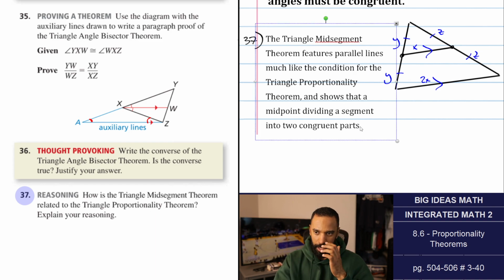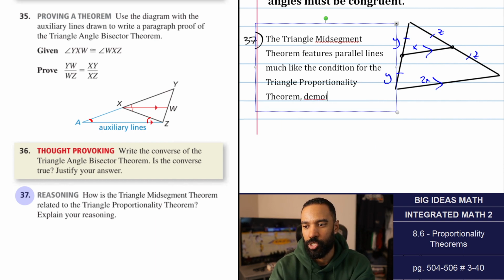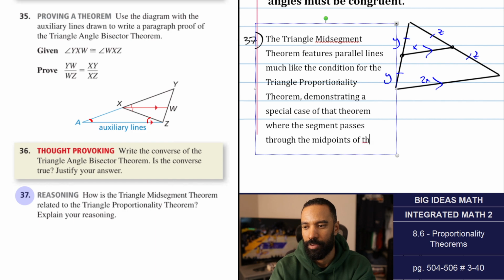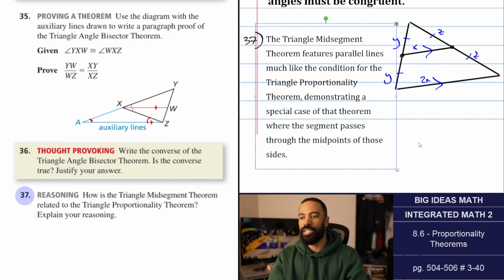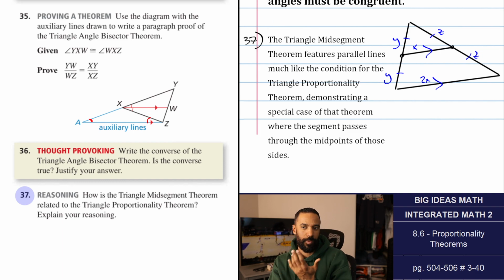I don't think I have to do all these other parts right here. So, demonstrating a special case of that theorem where the segment passes through the midpoints of those sides. It's just a specific version of it, and it seems to work itself out the way that it does.